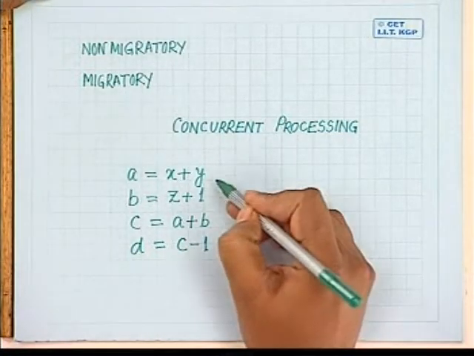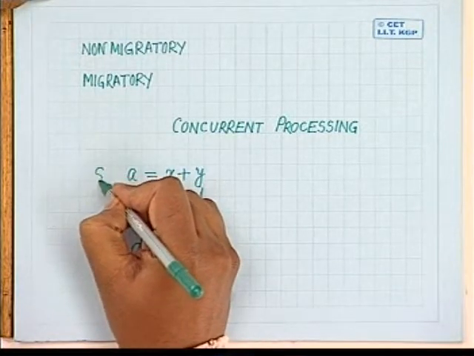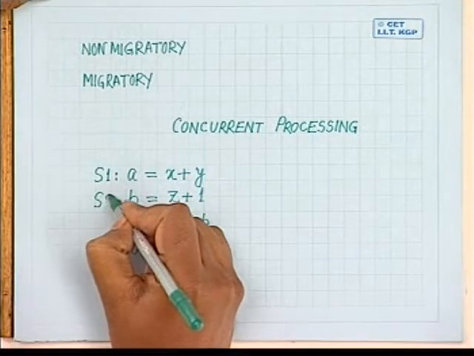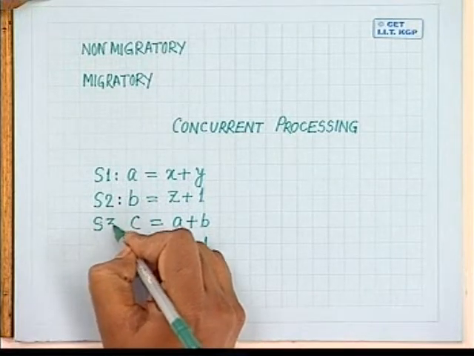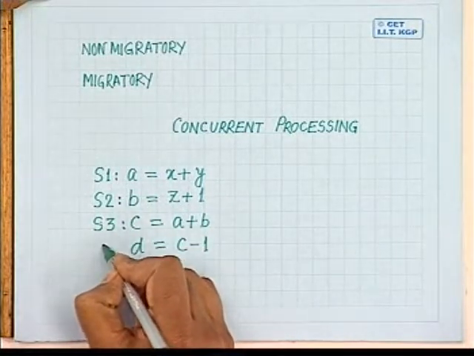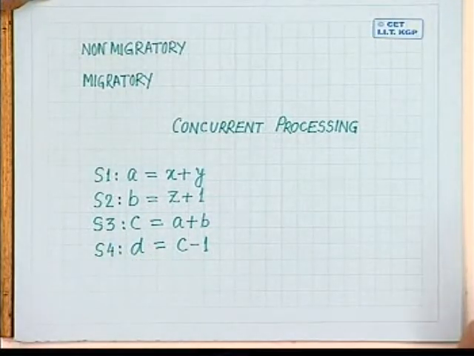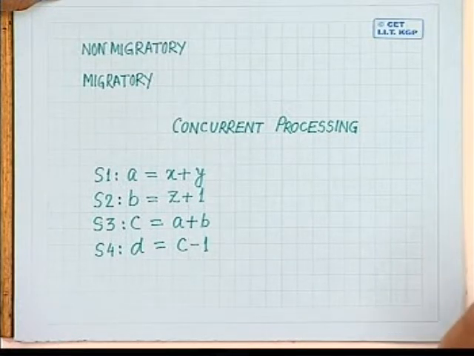I take these four statements and call them statement number 1, statement number 2, statement number 3, and statement number 4. Suppose these are statements belonging to a particular task, and we have to find out how many of these statements can be executed concurrently.